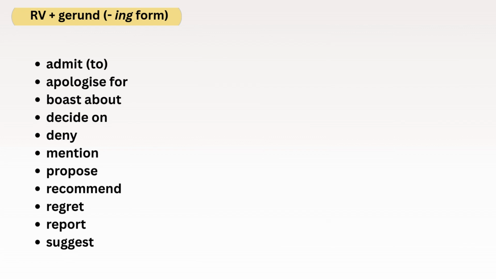Among those verbs which I mentioned before, such as admit, admit to can be used with to and then a gerund form, apologize for, boast about, decide on, deny, mention, propose, recommend, regret, report, suggest. Well, as you can see, some of them contain prepositions and some of them are just simply verb forms. However, you should know that this is the list. And let's look at some examples.